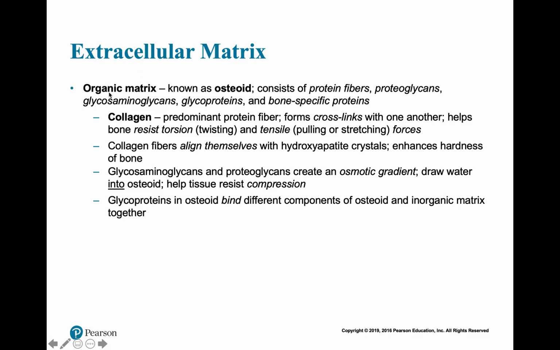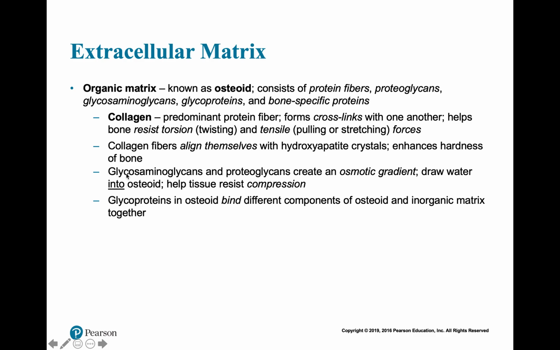The organic matrix has a special name. It's called osteoid. Osteoid consists of collagen fibers and proteoglycans. Now, I won't ask all of this, but you need to know that collagen is a component of the osteoid, which is the organic matrix. If you remember from the beginning of chapter 4, proteoglycans, glycosaminoglycans, and glycoproteins are all substances that have charges associated with them.